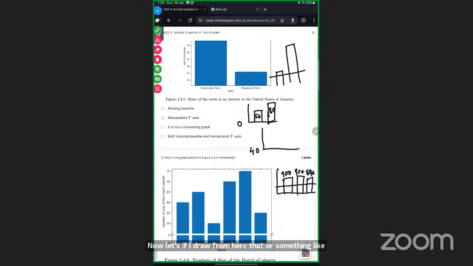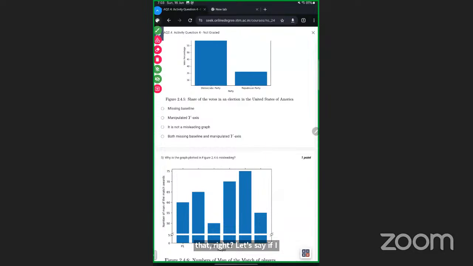What is the line called, which line? The cutting line of the y-axis. This is x and this is y. I'm not saying this is a baseline, I'm just cutting it off.